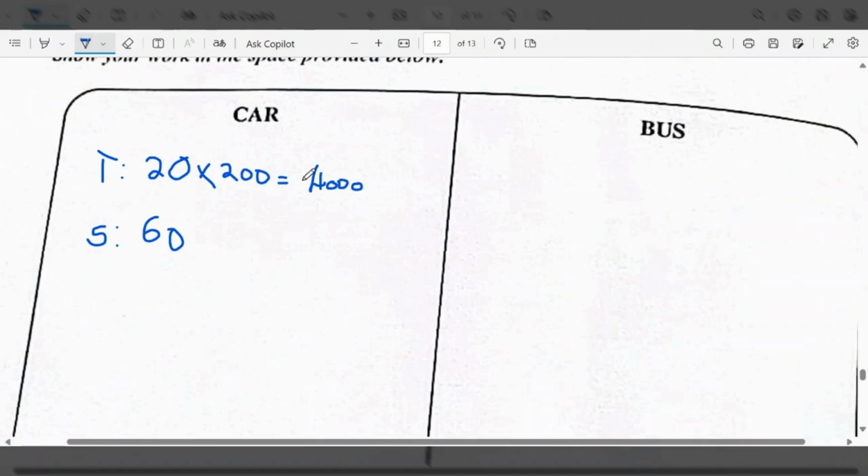And 60 students times $100 would be $6,000. So in total for the car, Mr. Taylor would have made $10,000 for the day.